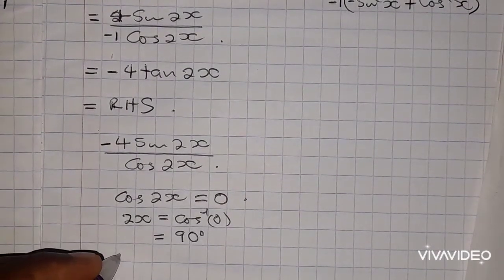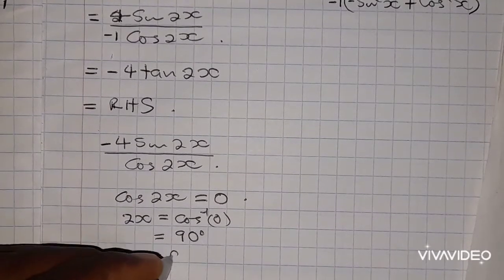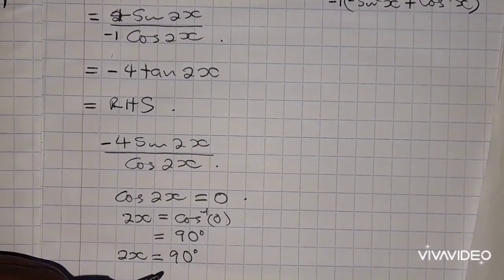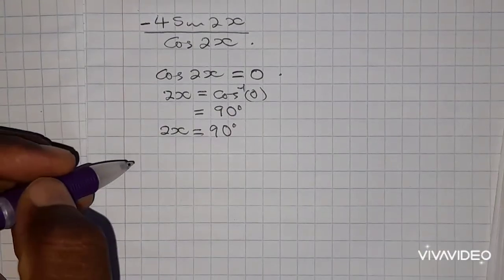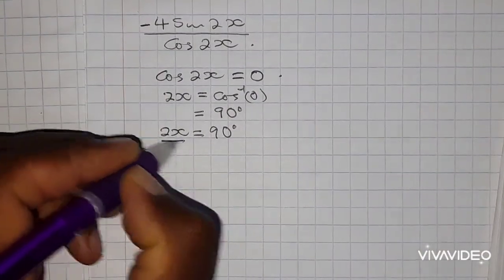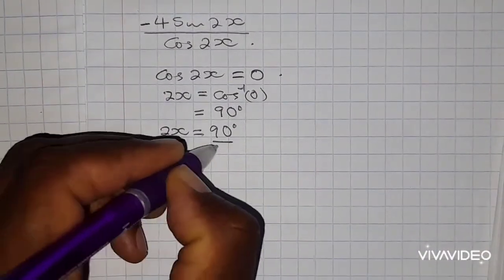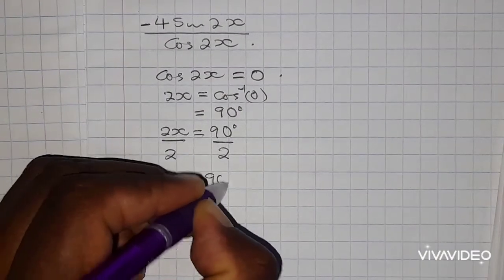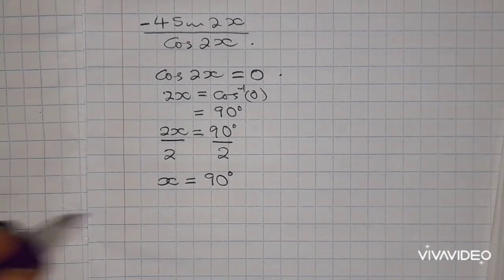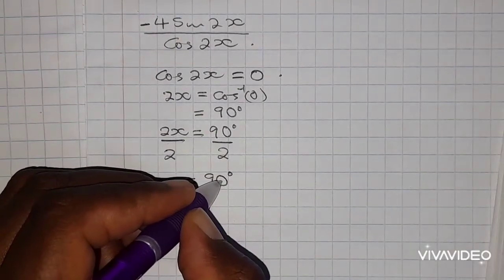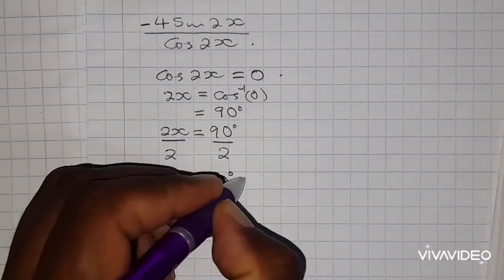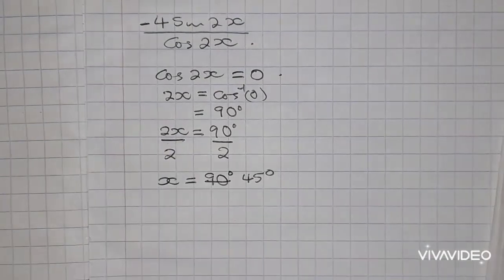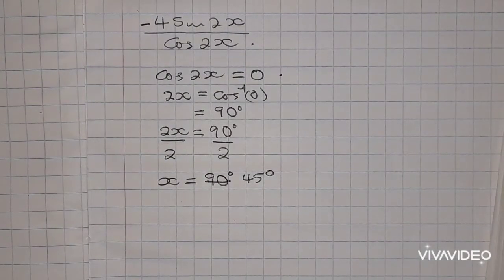So we are saying 2x is equal to 90 degrees. When 2x is equal to 90 degrees, we divide both sides by 2. So our x is equal to 45 degrees. Our x is equal to 45 degrees.